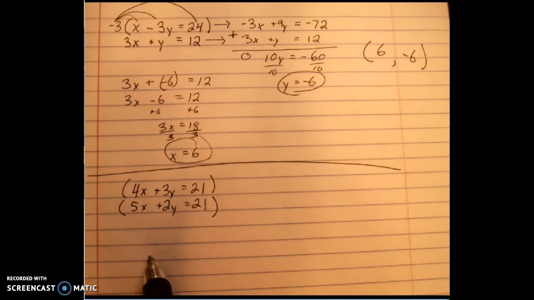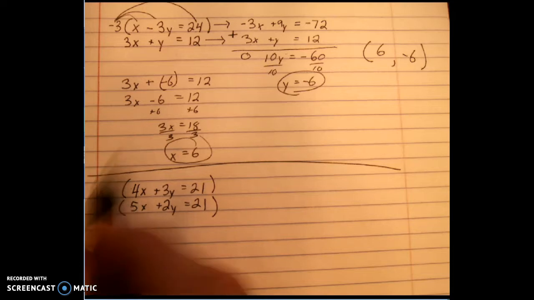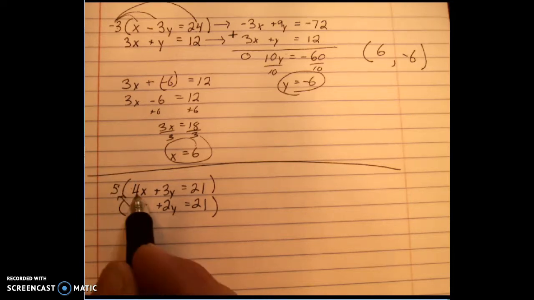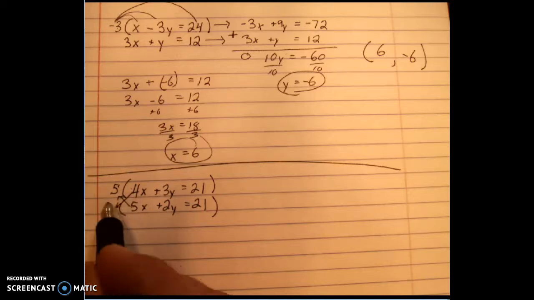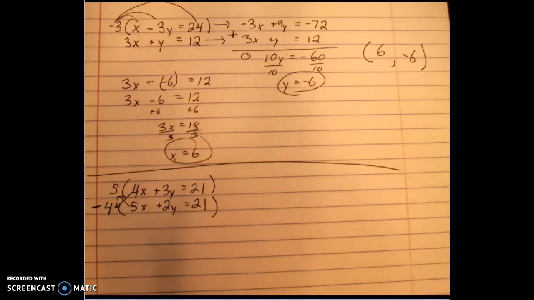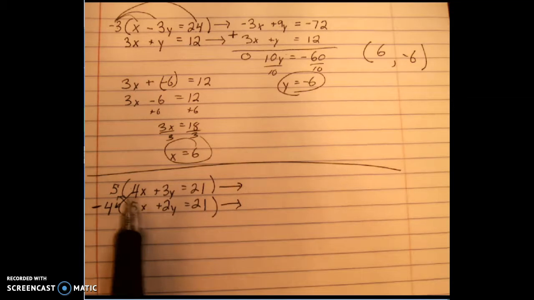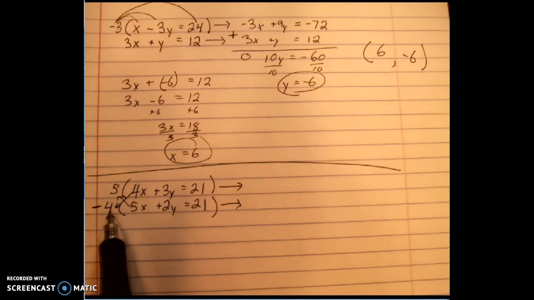So if I want the x's to disappear, I'm going to take the first equation times the 5. I'm going to take the second equation times the 4. And I'm going to do negative so that they're opposites. That always works. Bring your coefficient down, your coefficient up.